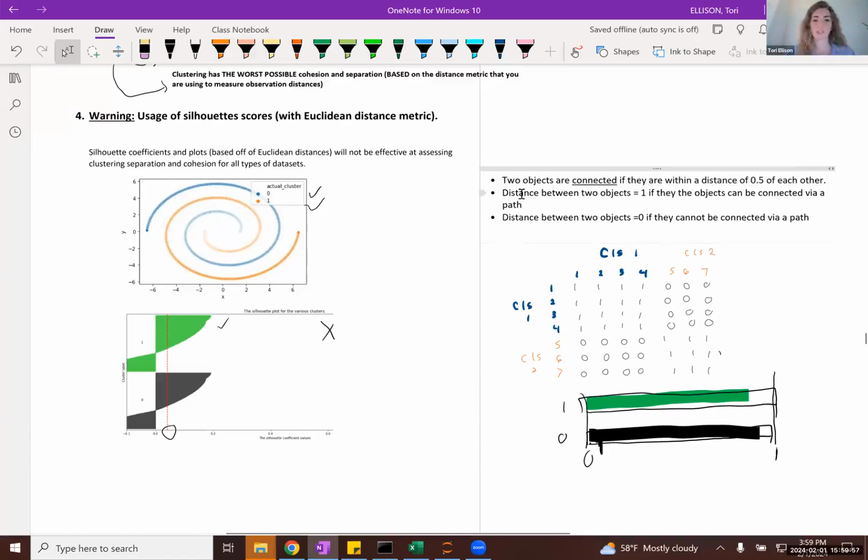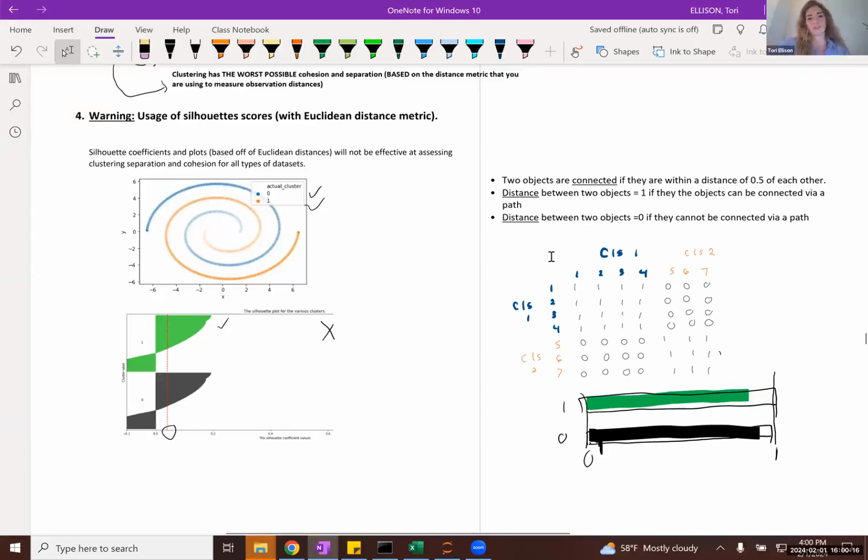And then we might define distance in this particular case as one in which 2 objects have a distance of 1 if they can be joined in a connected path, and otherwise a distance of 0 if they cannot be joined in a connected path.